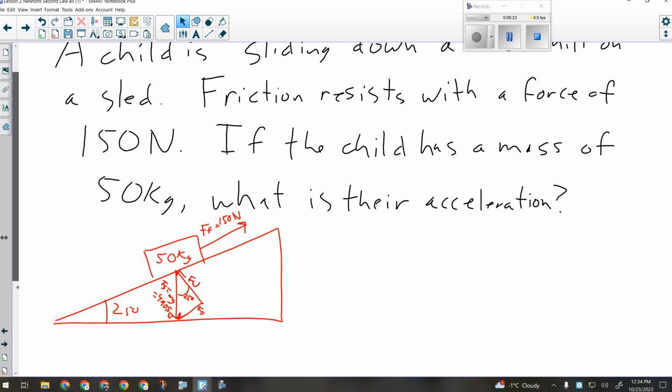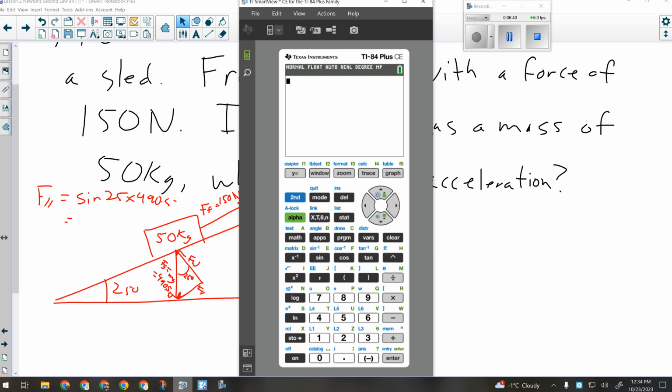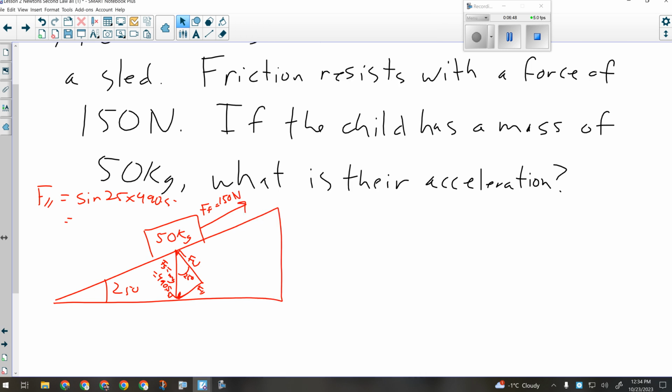So if I am looking for F parallel, I need to solve for it using trigonometry. Sine of 25 times the hypotenuse, which is 490.5. So sine of 25 times 490.5, so 207.29 newtons.